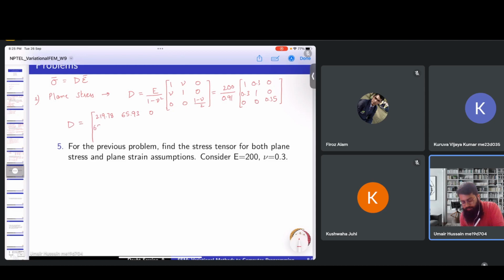Then again we have 65.93, then 219.78, 0, then 0, 0, and 219.78 into 0.35, we have 76.92.